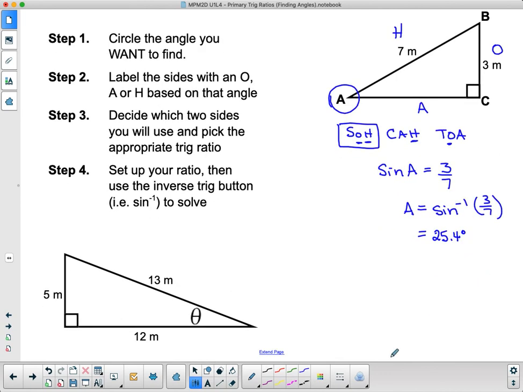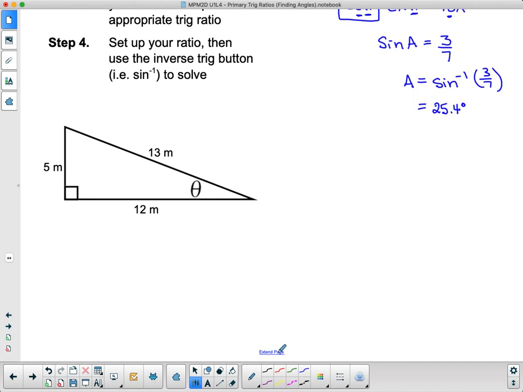Let's take a look at this other one down here. We want to find angle theta, so I'm going to circle angle theta. From angle theta, this is the opposite side, this is the adjacent side, and this is the hypotenuse. Now, we are going to write down SOHCAHTOA, and I know to find an angle I need two sides with numbers on it.